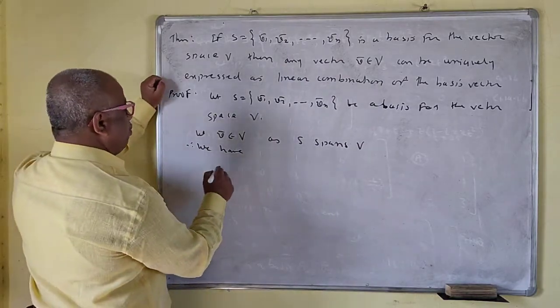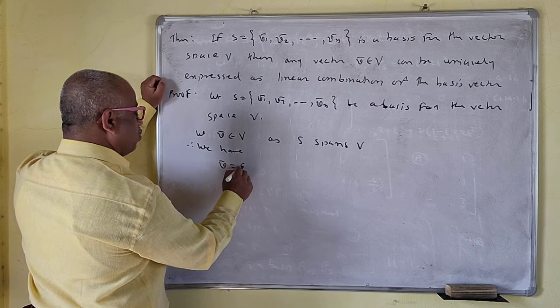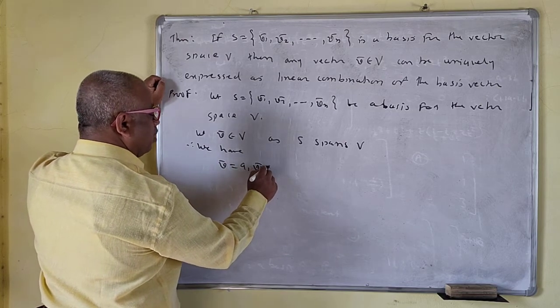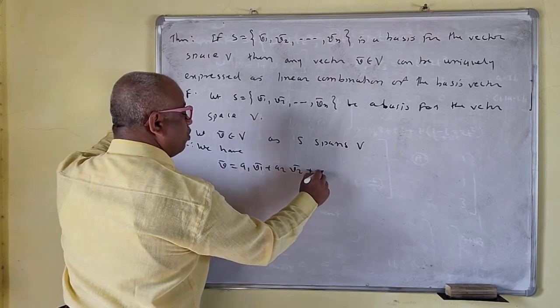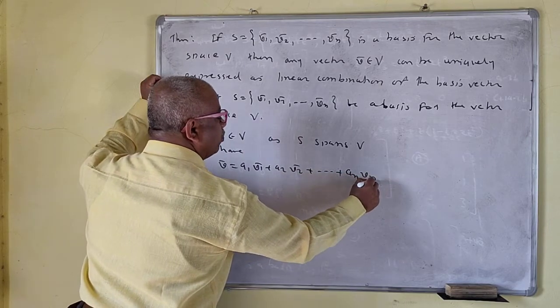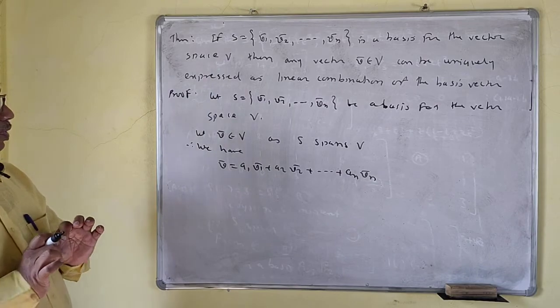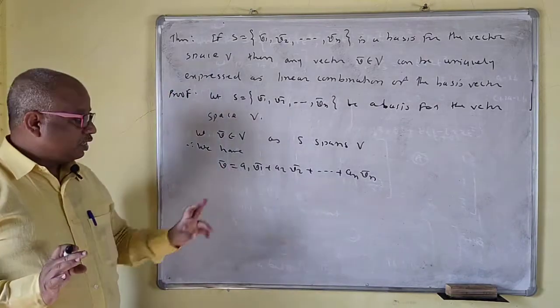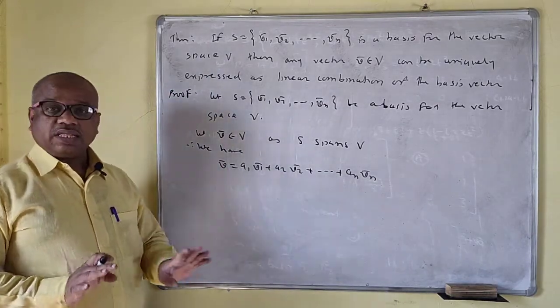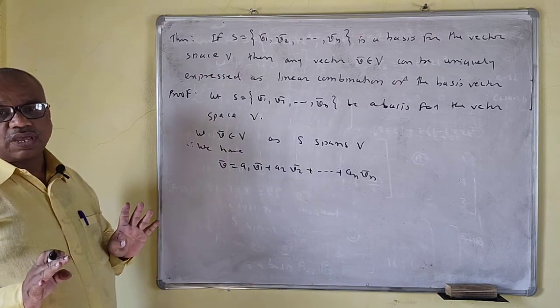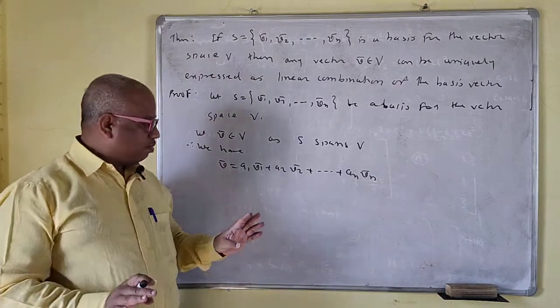So therefore, we have V bar equals A1 V1 bar plus A2 V2 bar plus ... plus An Vn bar. What I want to prove is that this expression is unique. That means these A1, A2, ..., An are the only scalars; no other scalars are possible here.